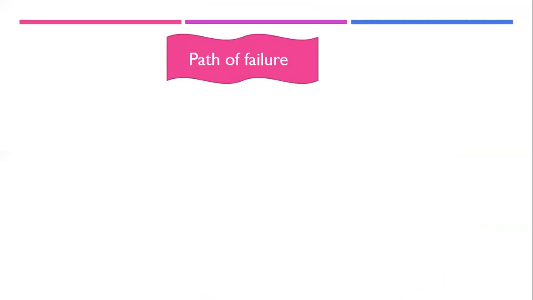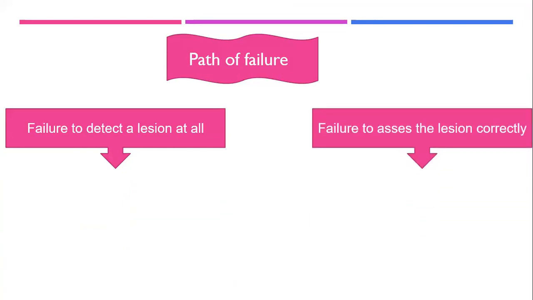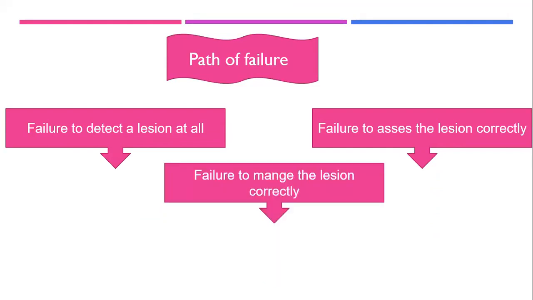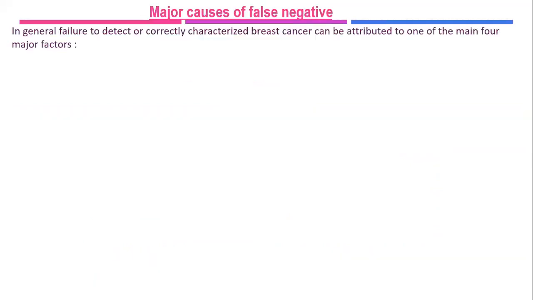So what is the path of failure? It's either failure to detect a lesion at all, or failure to assess the lesion correctly, or failure to manage the lesion correctly. But at the end, these all lead to missing our opportunity to diagnose the breast cancers.